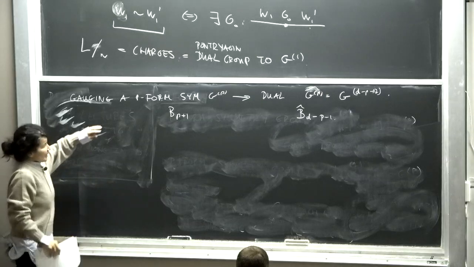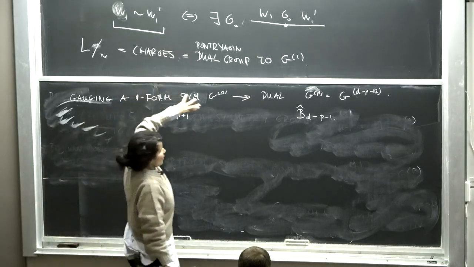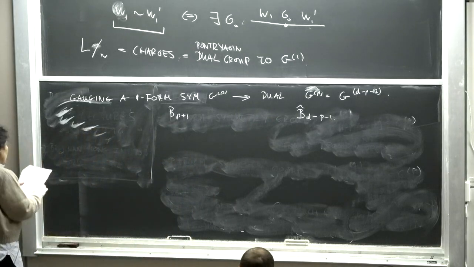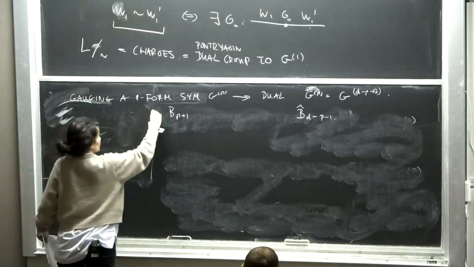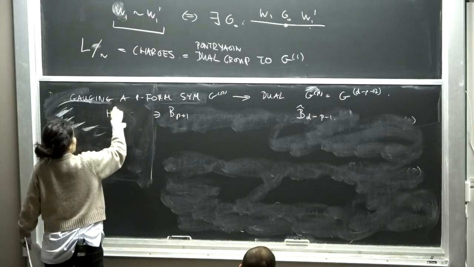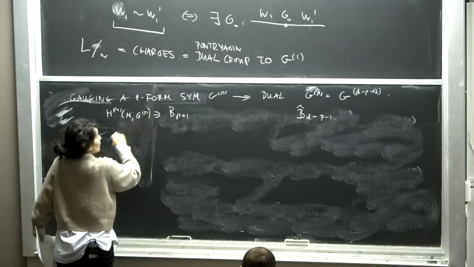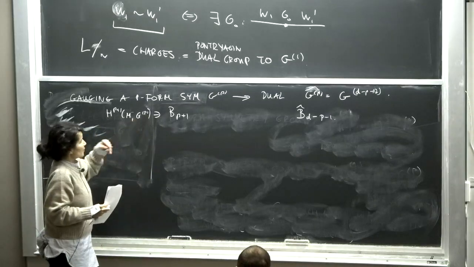For example, for the case of a U(1) field, this is just basic gauging in the usual sense, but now in this discrete world. So this is, as before, an element of our G^(p), which is usually a finite group.